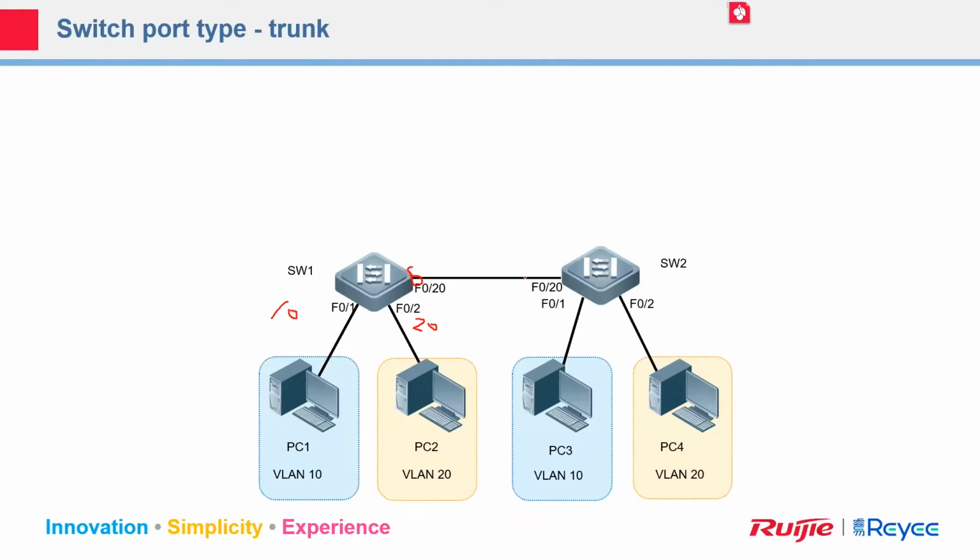If our type is access, what should the VLAN be? 10 or 20? If we configure the interface to become an access interface, it can only be in one VLAN, right? So what should the VLAN be, if we do the configuration?